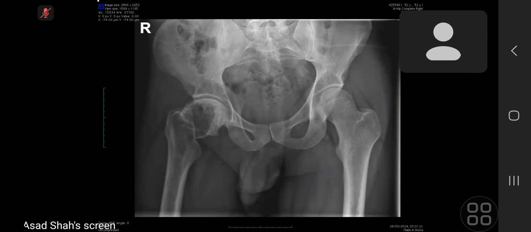which seems to have a fairly narrow zone of transition. So this is likely a pathological fracture which this patient has sustained. Based on this appearance, this lytic area has very clear, sharp margins with a narrow zone of transition, and there is no associated obvious periosteal reaction.